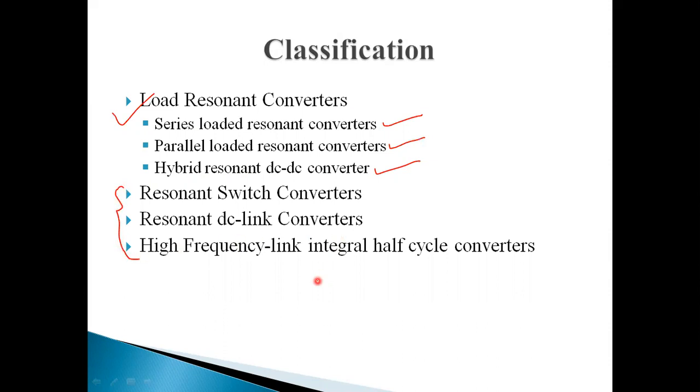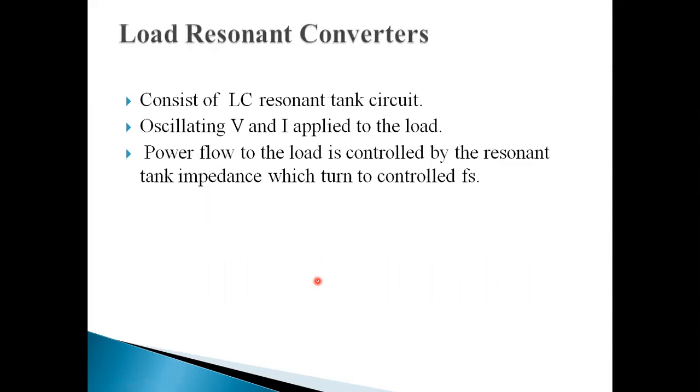Now we quickly move forward to today's lecture, the topic of load resonant converter. The load resonant converter consists of an LC resonant tank circuit. What is LC actually? This is the inductor and this is the capacitor.